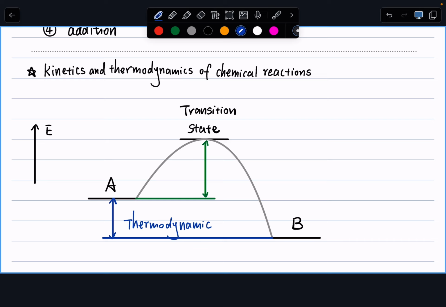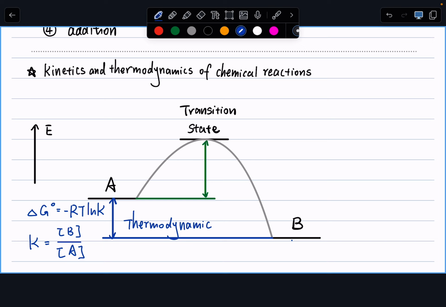So thermodynamic control of a chemical reaction, we're talking about the relative stability of your reactant A to your product B. So in this case, the delta G, the difference of Gibbs free energy between your A and B, equals negative RT ln K. And your K is your equilibrium constant, which is the concentration of your product over the concentration of your reactant.